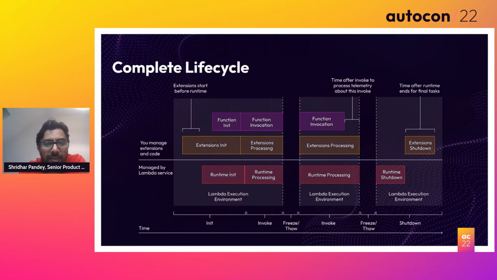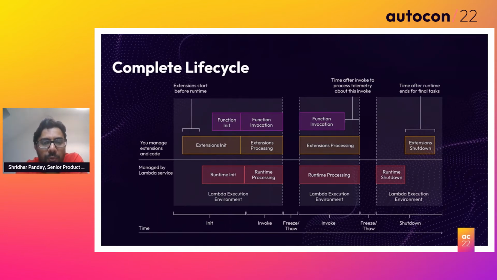So in the second block, you would see that the function invocation has completed, but the extension is still processing, and that's what I meant when I said that the extension can continue to run even after the function code is done.